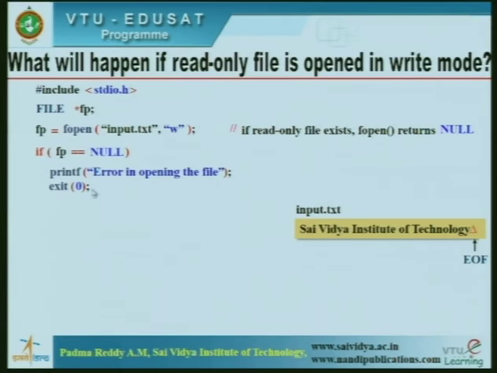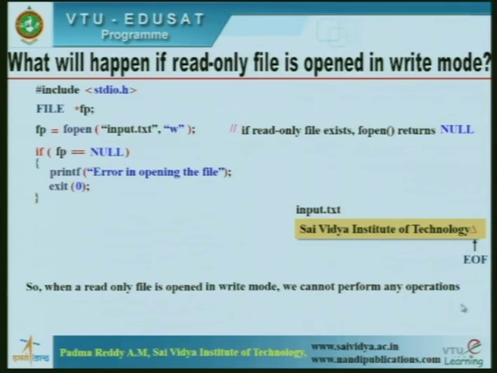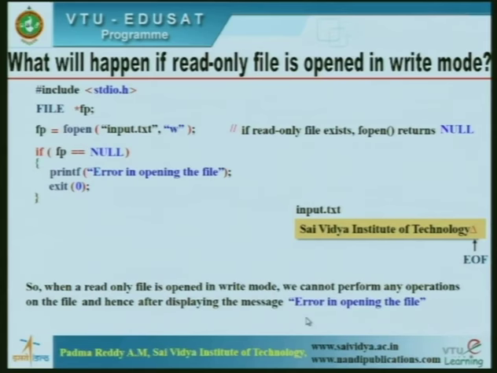So these 2 statements must be enclosed within braces like this. When a read-only file is opened in write mode, we cannot perform any operations on the file, and hence after displaying the message error in opening the file, the program is terminated. So this is what will happen when a read-only file is opened in write mode.